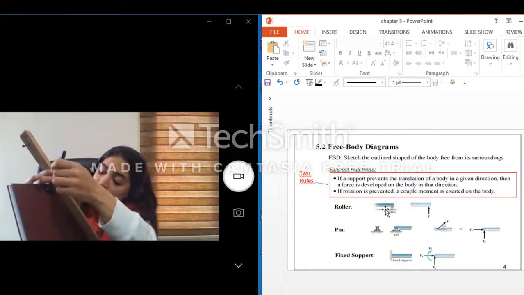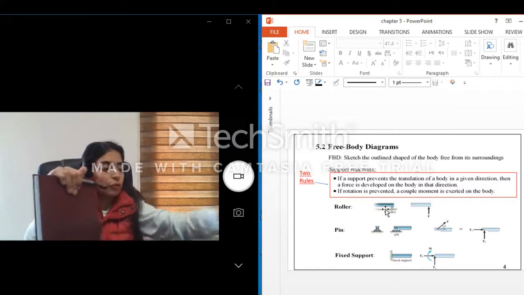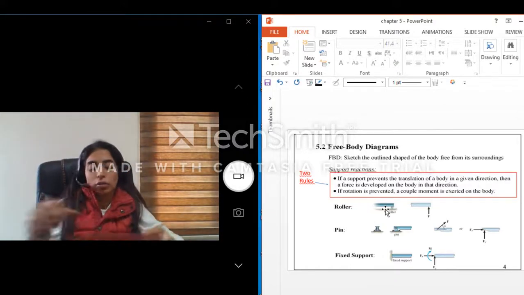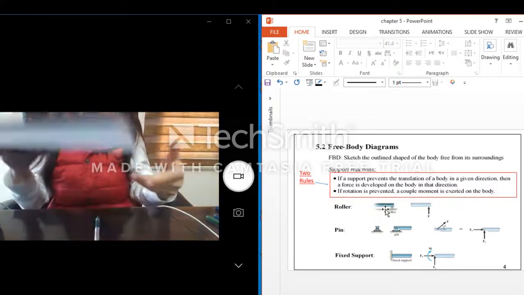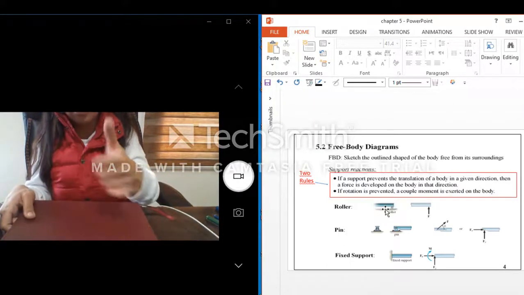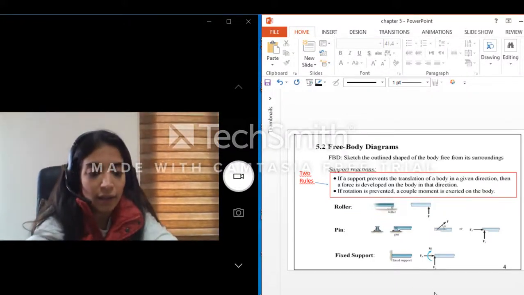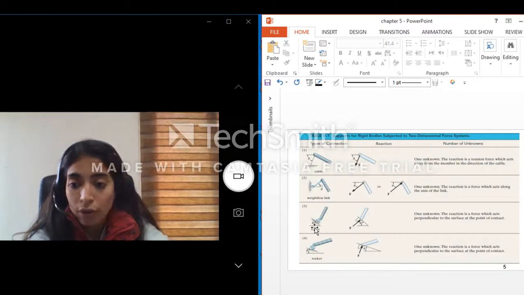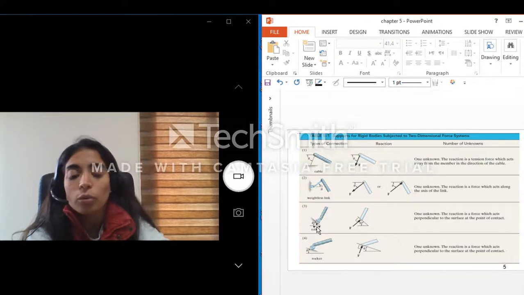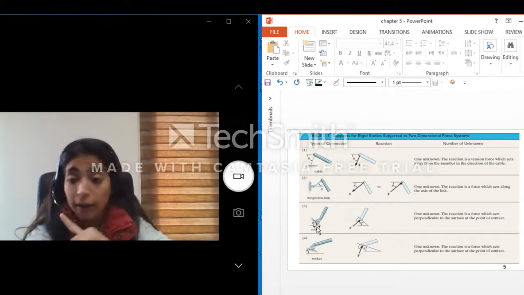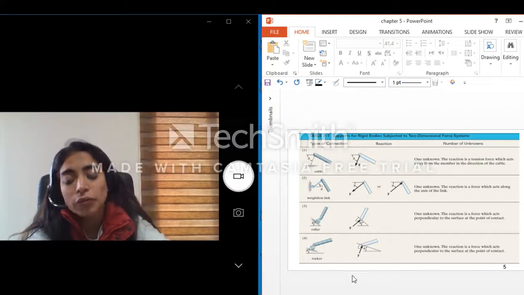So the first case was the conventional case where the roller reaction is vertical. Now, this case here in the slide has a roller that is oblique, which means, guys, that the reaction should be perpendicular to the support of this roller and not to the member or to the beam.